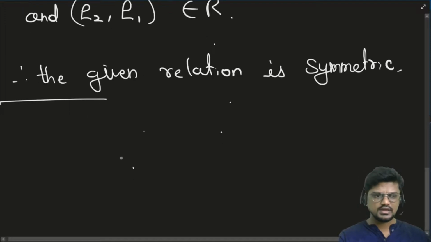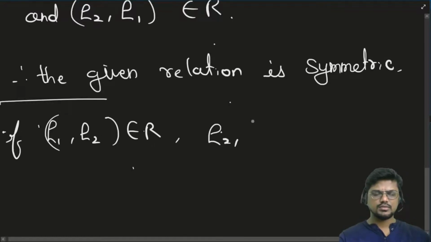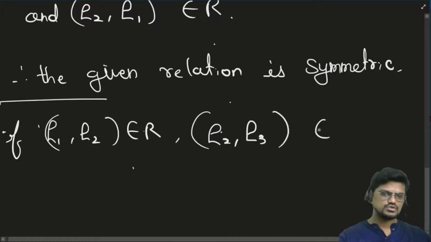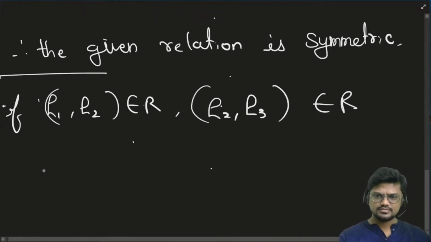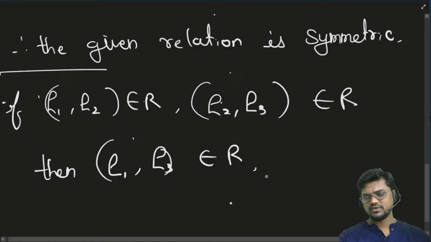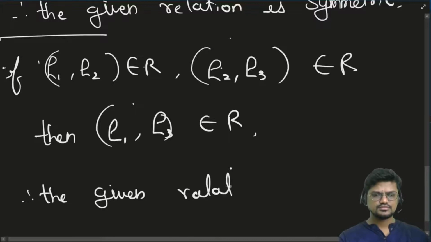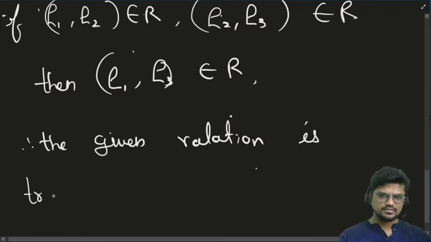So if (L1, L2) belongs to the relation and (L2, L3) also belongs to the relation, then (L1, L3) belongs to the relation. Therefore, the given relation is transitive.